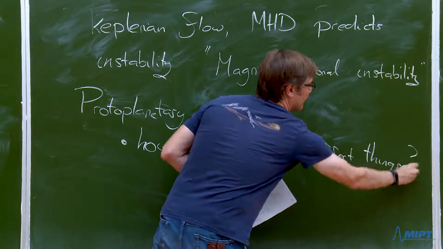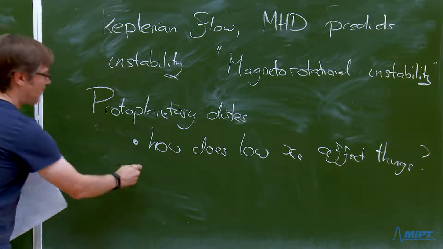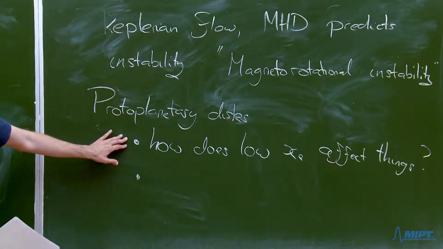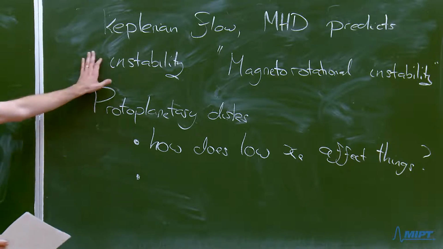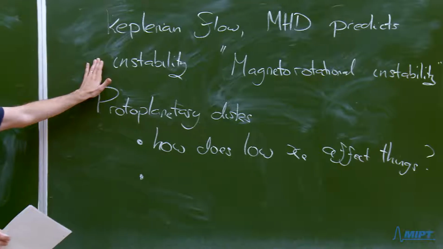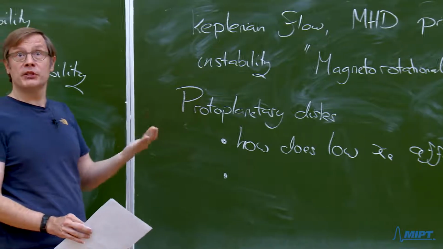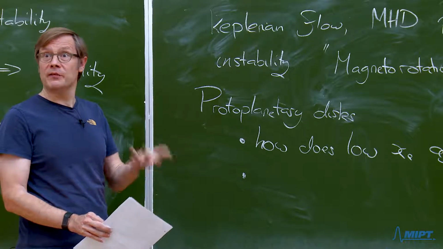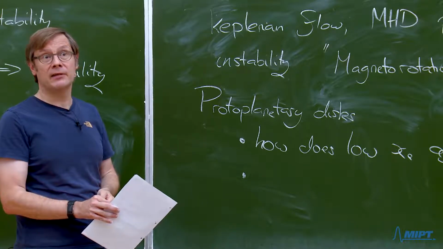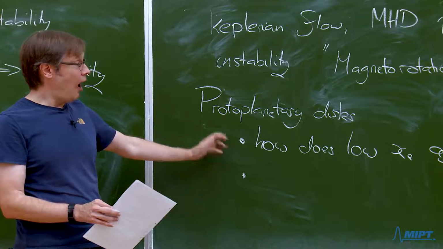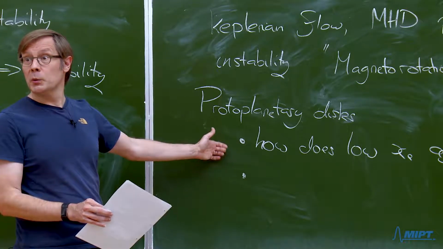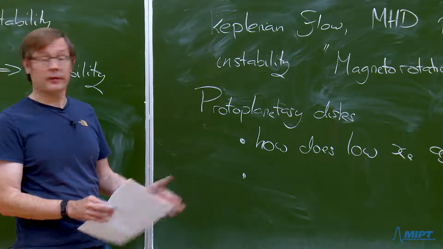And then if that low ionization fraction manages to either completely suppress the magnetorotational instability or reduce its effectiveness to a very low value, lower than the observationally inferred values of alpha in these disks, are there other processes which could generate turbulence which would produce a competitive value of alpha?